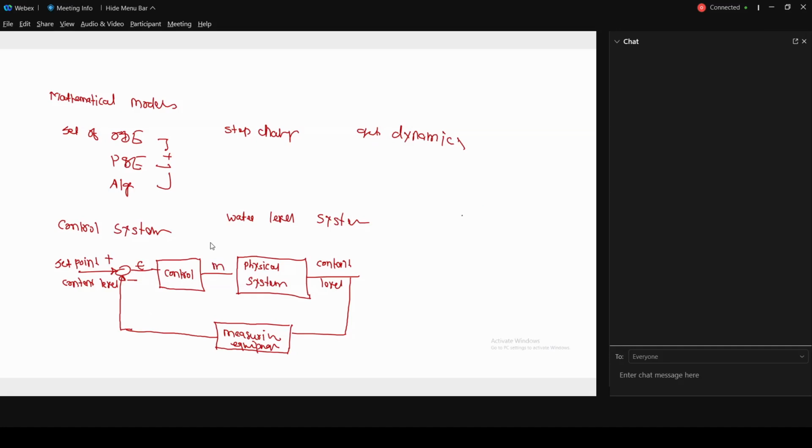Let me draw it with the physical system so that it is easier to understand. Now we decided that we will go with this as the manipulated variable. And here is my sensor, which basically measures my height. Looking at this block diagram, I have a physical system and I measure this content level here. Then I supply it to a component. So here is the controller, for example.